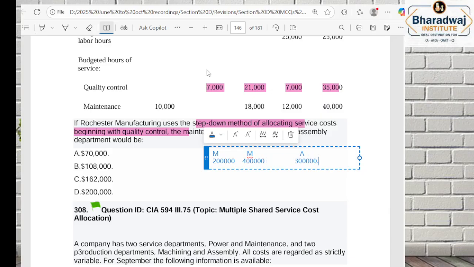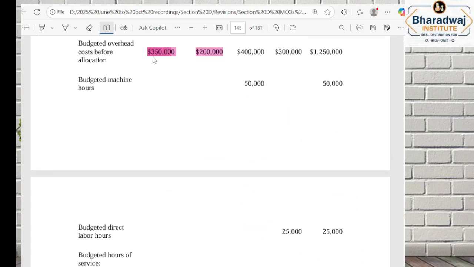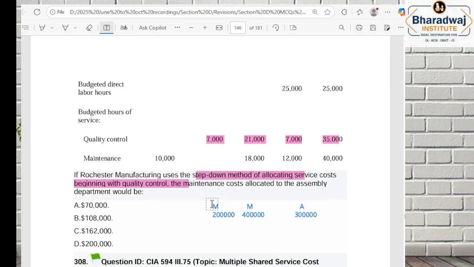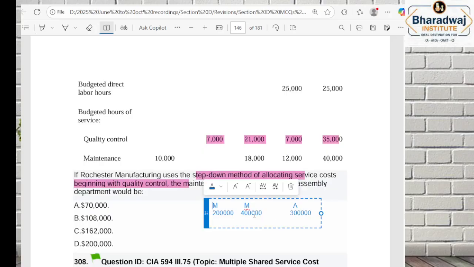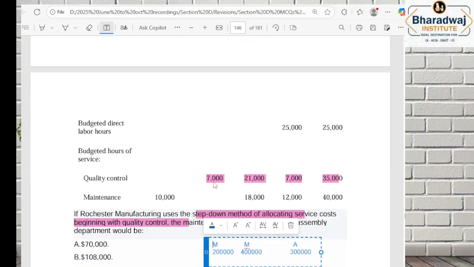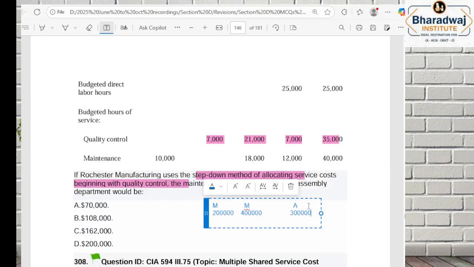So first the quality control cost is allocated to the three. The quality control cost, 3,50,000, is allocated in which ratio? Option C. Allocate quality control cost first, 3,50,000: 7 by 35, 21 by 35, 7 by 35. Work it out. 70,000.